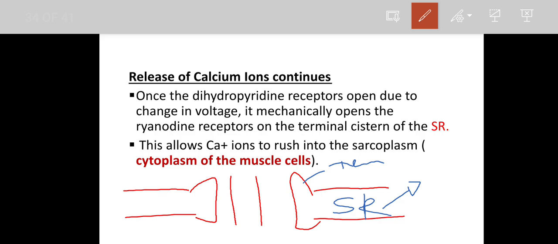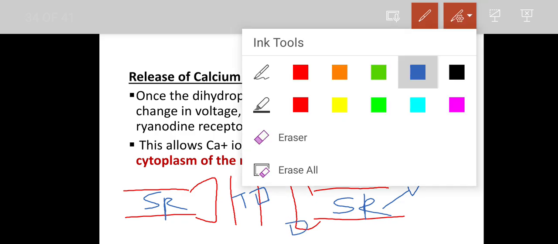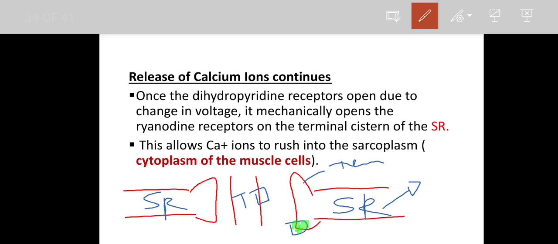Now, since this is a T-tube and this is a sarcoplasmic reticulum, the dihydropyridine receptors are along the T-tube. They are mechanically connected with the ryanodine receptors. So immediately this receptor opens, it automatically opens this receptor.